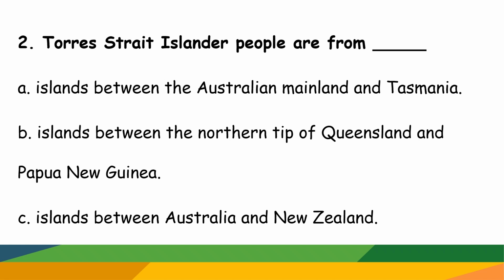Question 2. Torres Strait Islander people are from A. Islands between the Australian mainland and Tasmania. B. Islands between the northern tip of Queensland and Papua New Guinea. C. Islands between Australia and New Zealand.